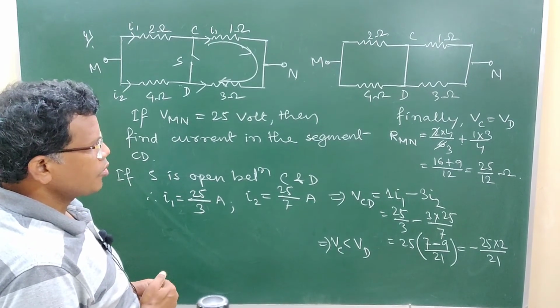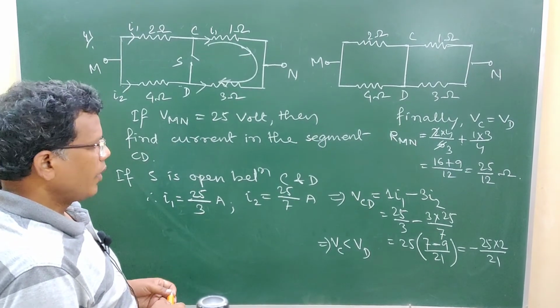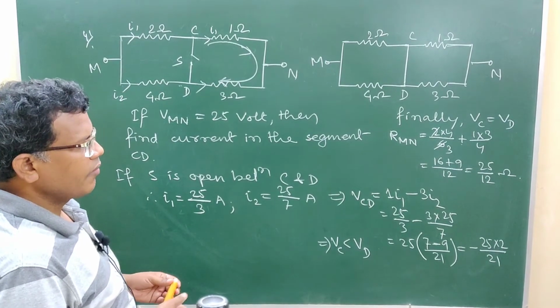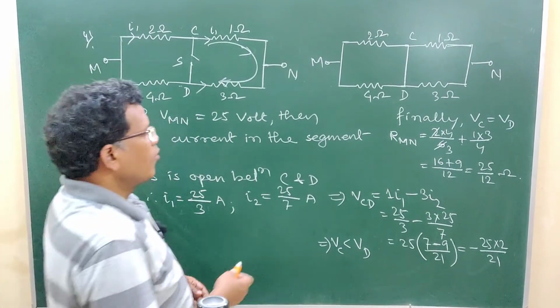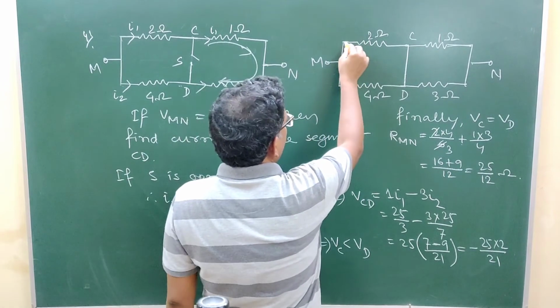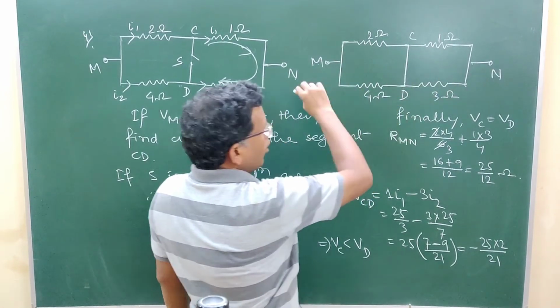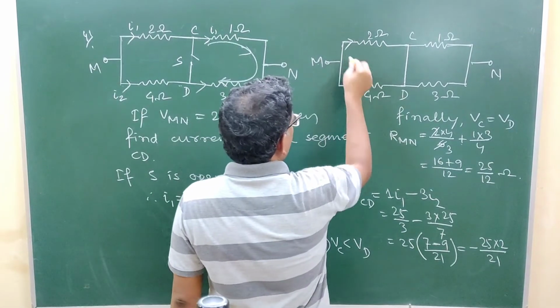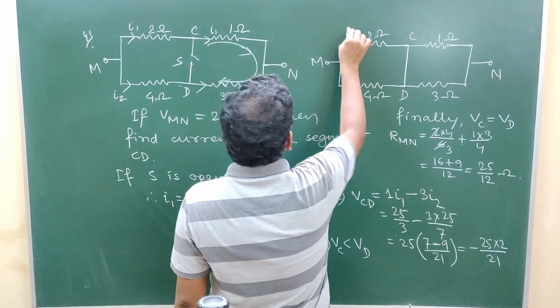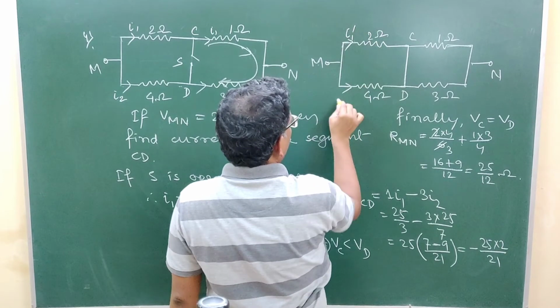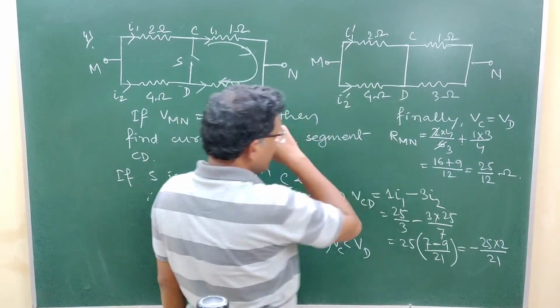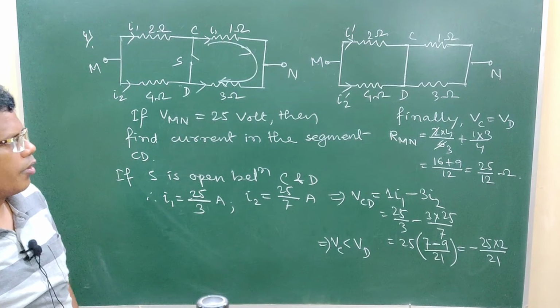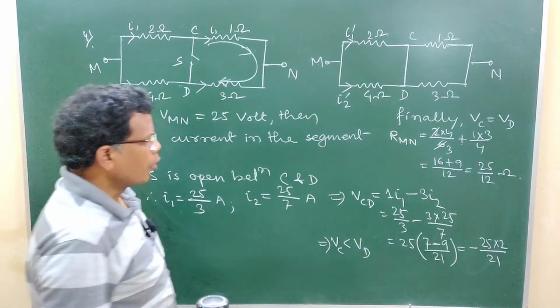Now question arises, when this potential difference arises, then what are the individual currents for the same potential difference across MN remains unchanged? What are the new currents now? If I say this is I1 dash, this is I2 dash, could you understand this?